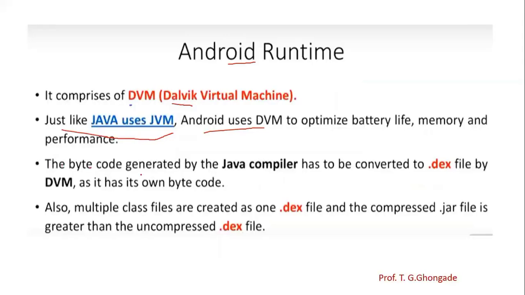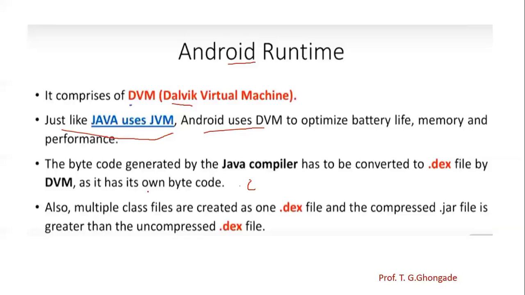After that, the bytecode generated by the Java compiler has to be converted to a .dex file by DVM, as it has its own bytecode. In Java, we have a .class file, and here we have a .dex file.